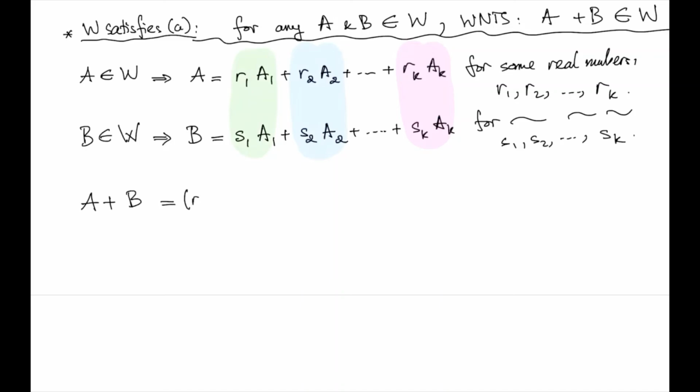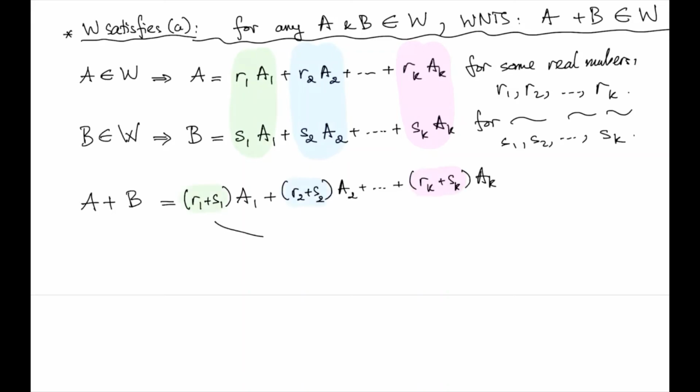You will have R1 plus S1 times A1, R2 plus S2 times A2, RK plus SK times AK.